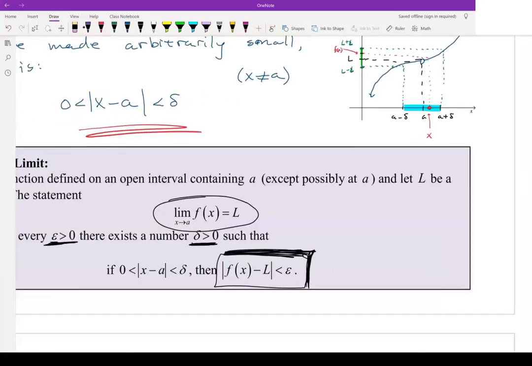As long as I pick an epsilon, I'm going to have a corresponding delta such that any x I pick within delta distance of A, f of x will be within epsilon distance of L. I know, that's a lot.